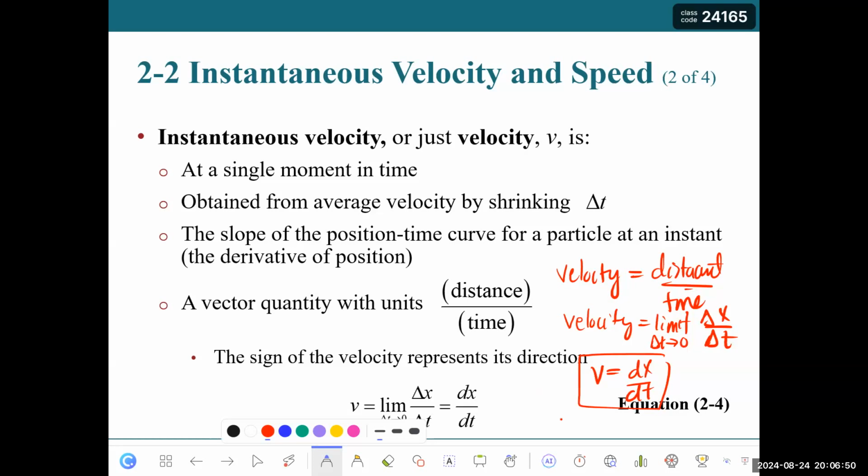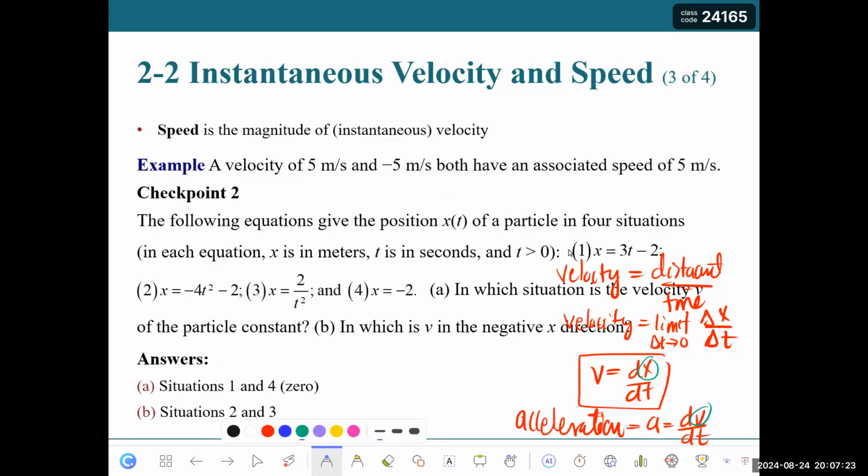Having said that, we can also say that acceleration can be written a equals dv over dt, because acceleration equals the rate of change of velocity. What is velocity? It is the rate of change of displacement. See, this is common. So d over dt is a derivative, and the derivative is nothing but just a rate of change of something with respect to something, and we can write it in a differentiation form.